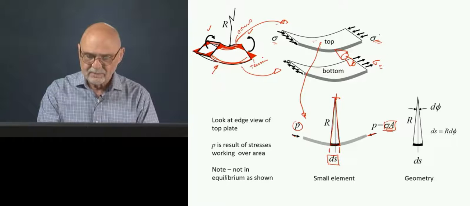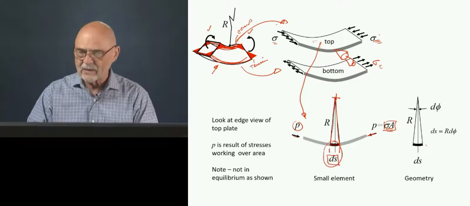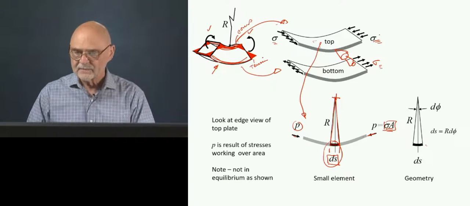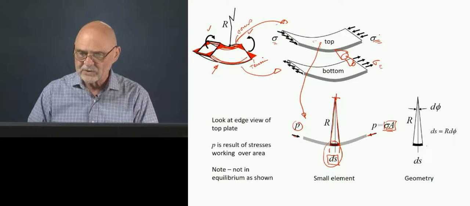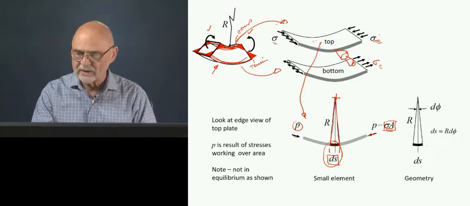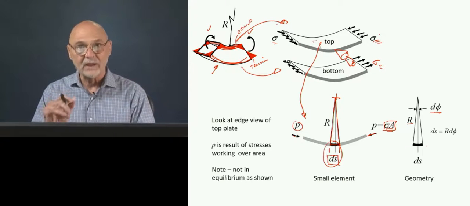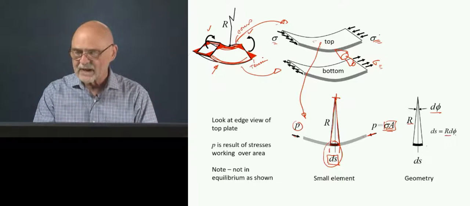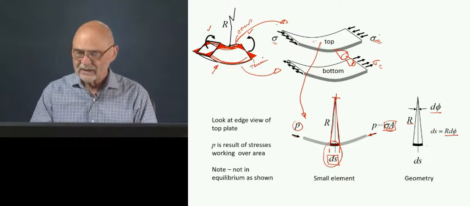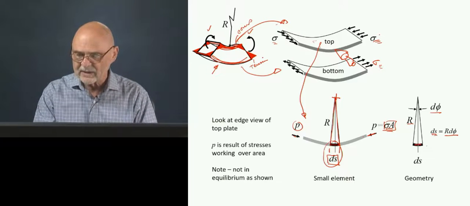Now we're going to break out this one little element that we've been looking at. From geometry, we have a little triangle here. So R times the angle, a very small angle, so the sine of the angle is the same as the angle. That's given by the base of the triangle here.